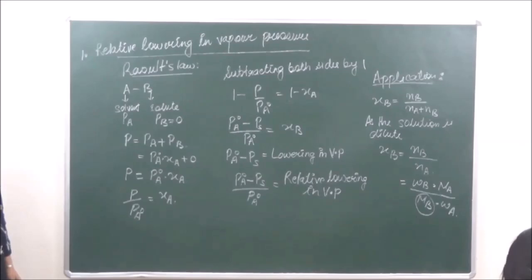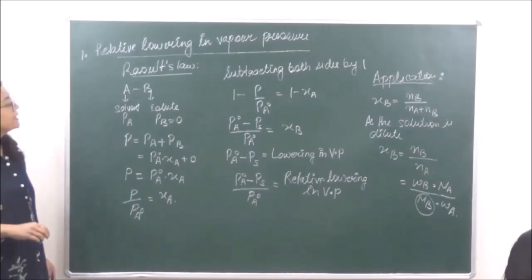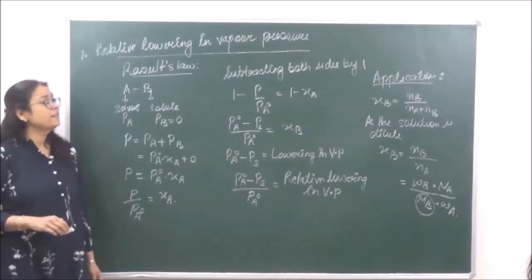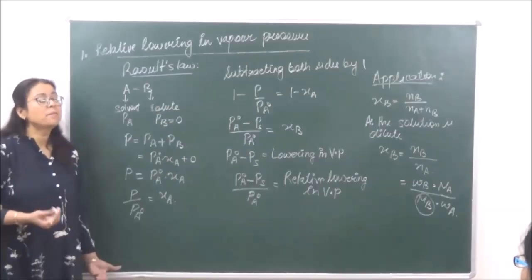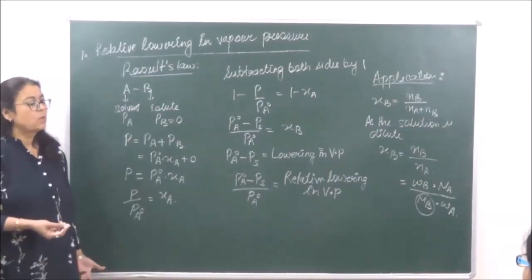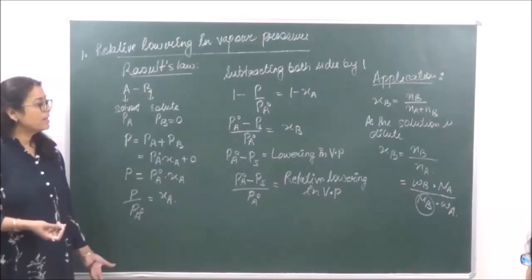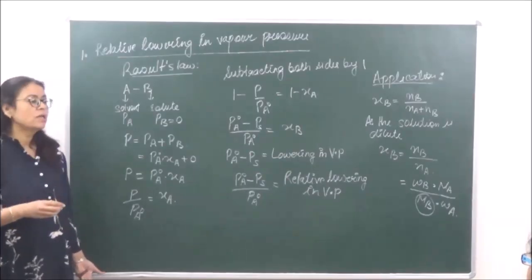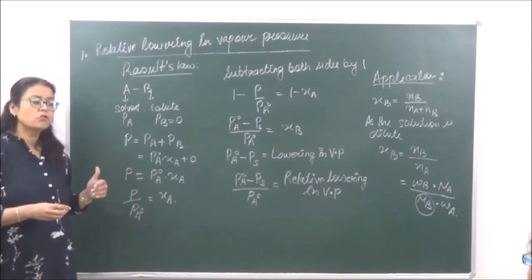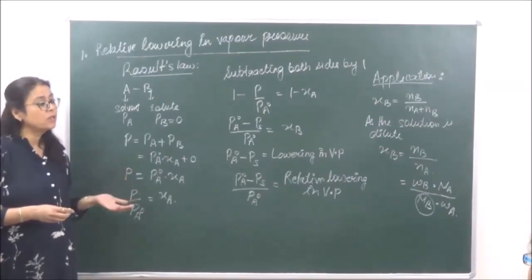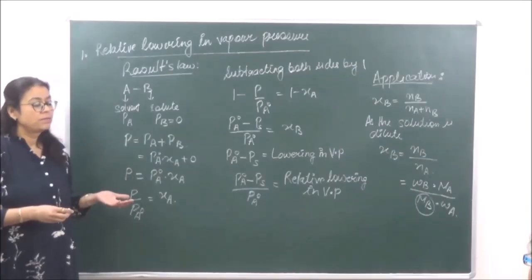Okay, is it clear? Alright, now the question comes, why is the relative lowering of vapor pressure taking place in the first place? Why is it happening? Whenever we are adding a non-volatile solute, why does the vapor pressure of the solution become less than that of the pure solvent?